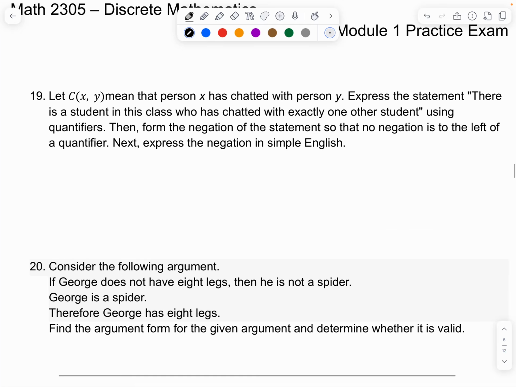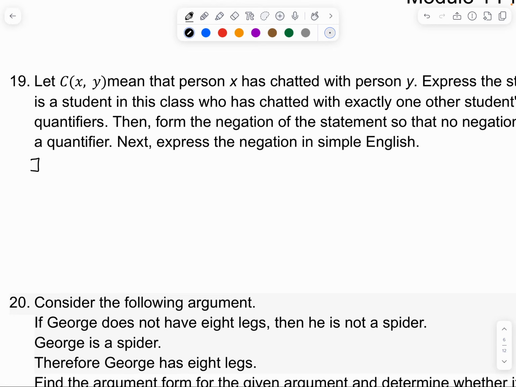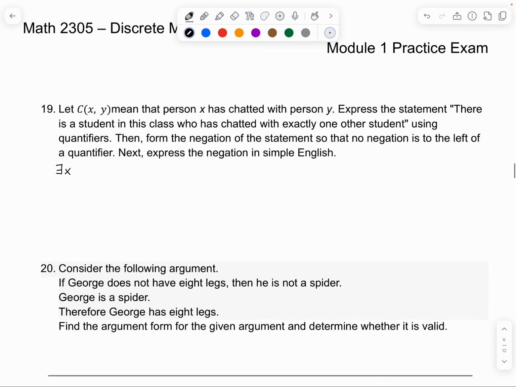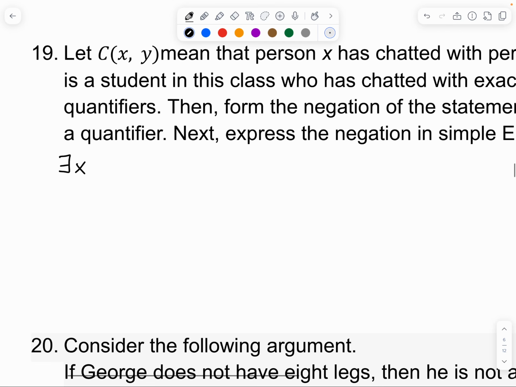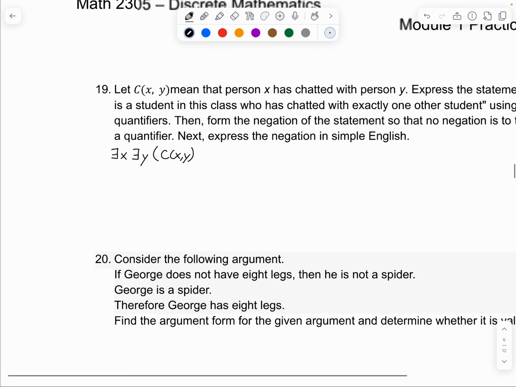So, okay, there is a student. Easy enough. I'm going to start with there exists an X. And then they need to have chatted with exactly one other student. So that means there exists another student who they have chatted with. So C of xy.